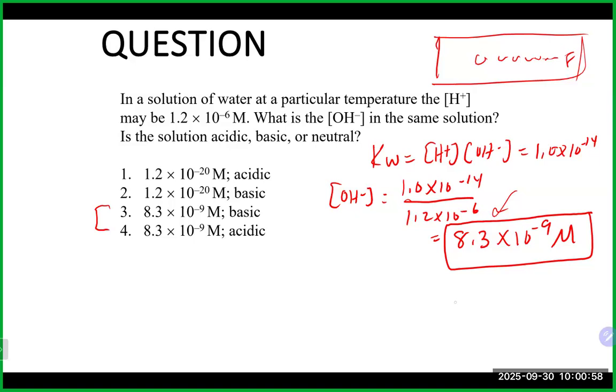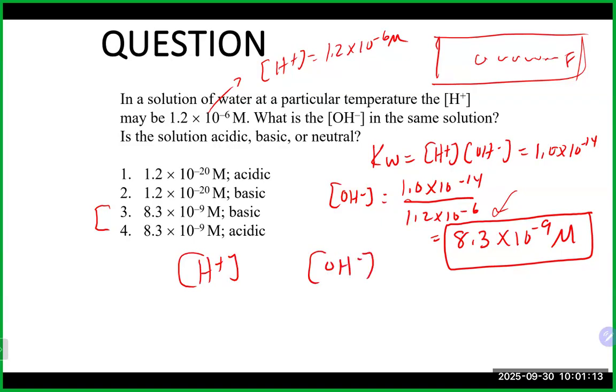We then want to compare basically our H plus concentration, which is our acid part. So here's our acid part, which is our H plus, 1.2 times 10 to the minus 6 molar. So we want to compare the H plus concentration to the OH minus concentration. And in this particular case, which one is larger? It is the H plus concentration that is larger, right?